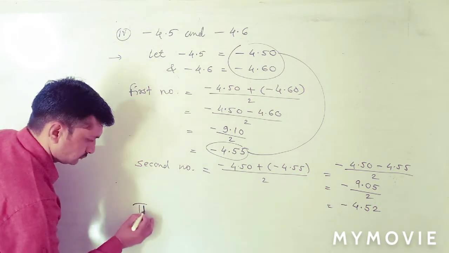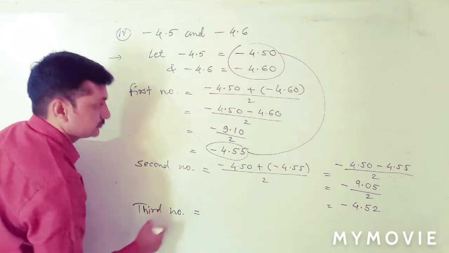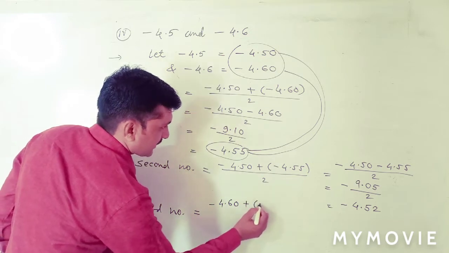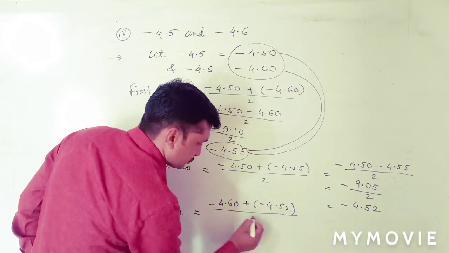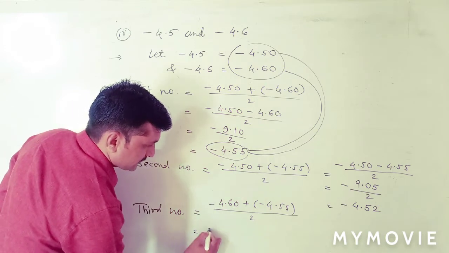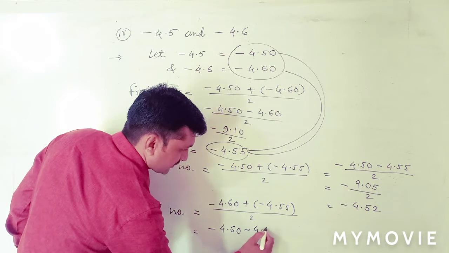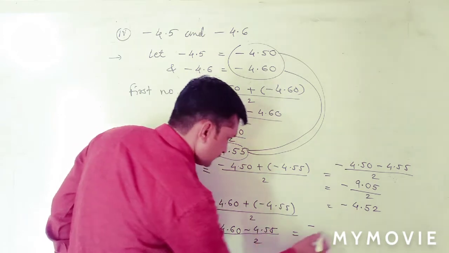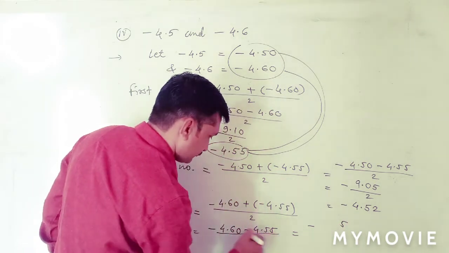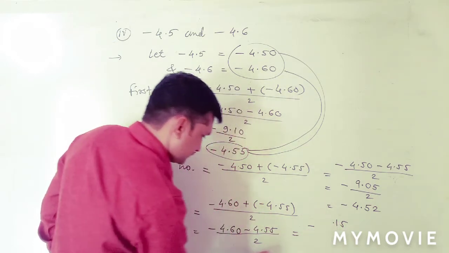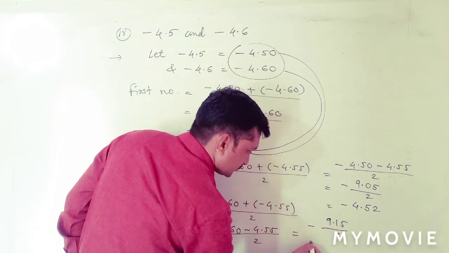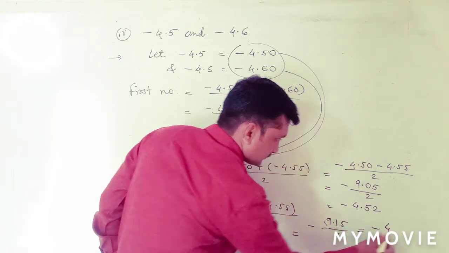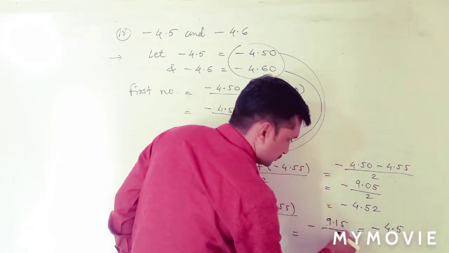Third number is equal to the average of this and this, minus 4.60 plus in bracket minus 4.55 divided by 2 is equal to minus 4.60 plus minus 4.55 divided by 2 is equal to minus 9.15 divided by 2. 5 plus 0, 5 plus 6, 11, 9 divided by 2 is equal to minus 2 4s are 8, 2 5s are 10, 2 7s are 14.